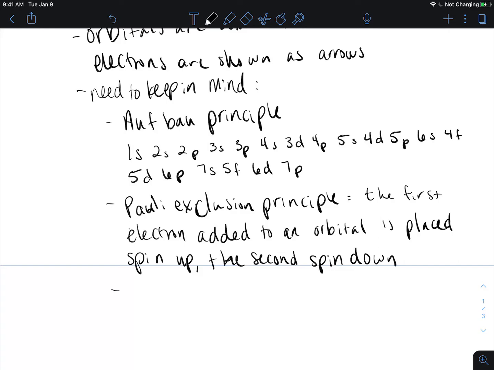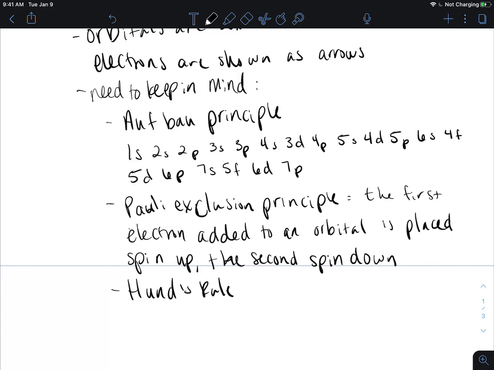There is also something called Hund's rule, and this states that if we are adding electrons into an orbital diagram, we need to add electrons to our orbitals singly before adding them in doubly.